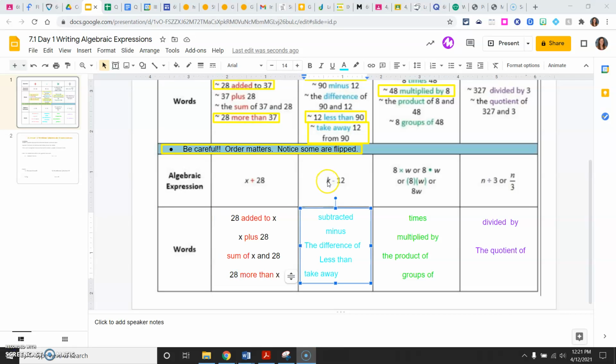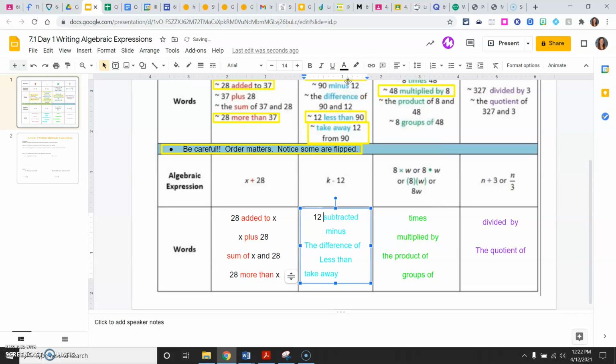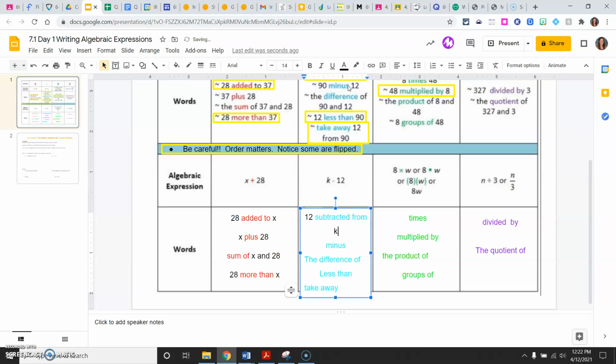All right, looking at subtraction, we have k minus 12. So we're going to start with subtracted from, and subtracted from is actually a flip-flop word. So we're going to say 12 subtracted from k.